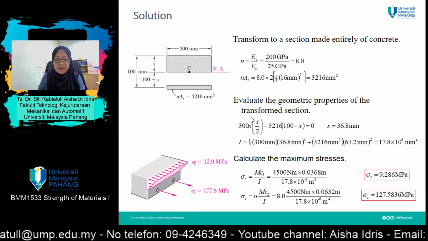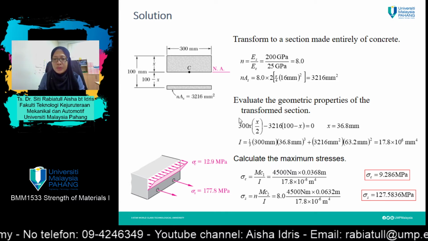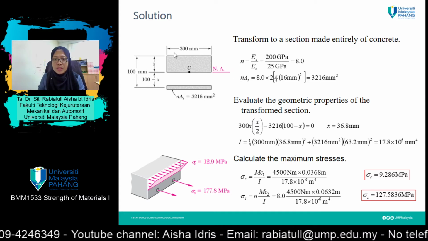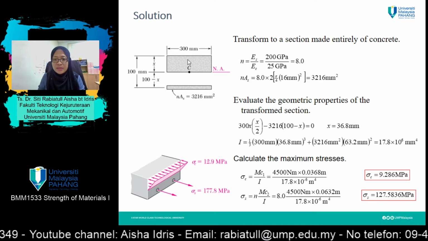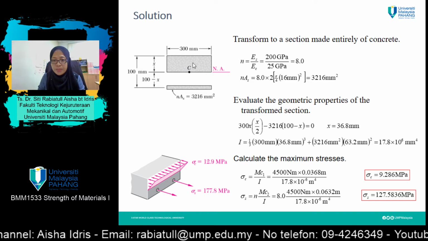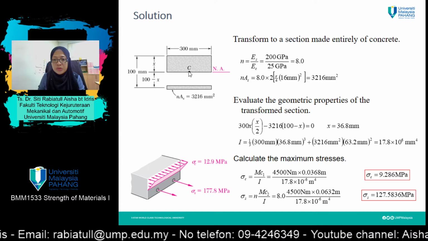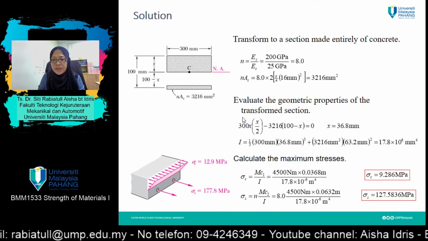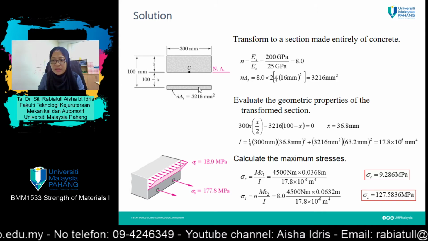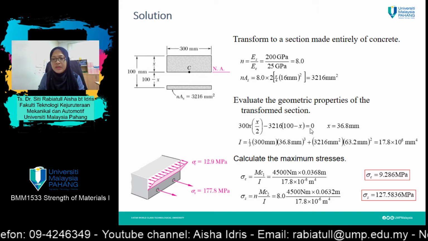If you still remember our formula from the previous lecture, we take the moment about the neutral axis line: 300 times x, because this is the area of the upper part, times the centroid to neutral axis distance, x divided by 2, minus the transformed section, 3216 times 100 minus x, equals 0.